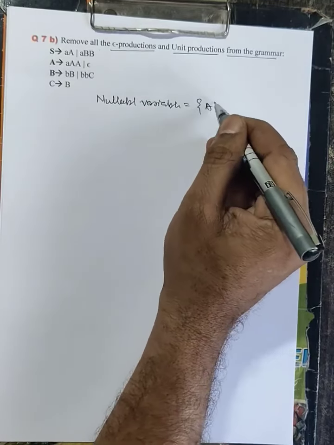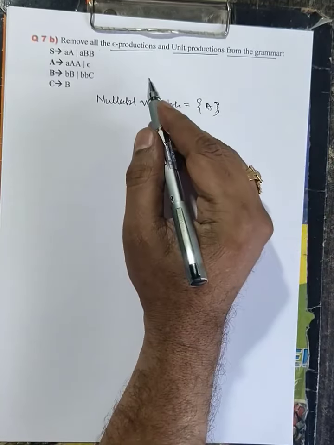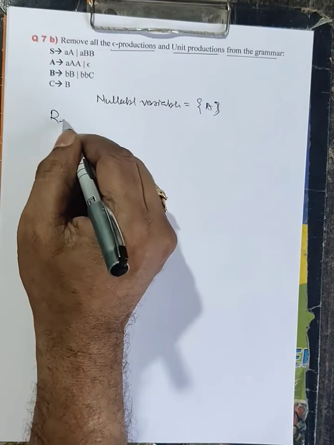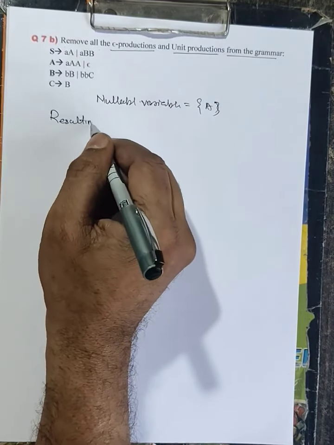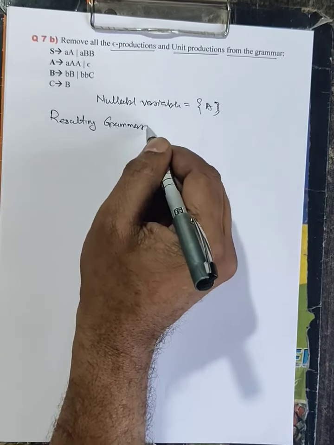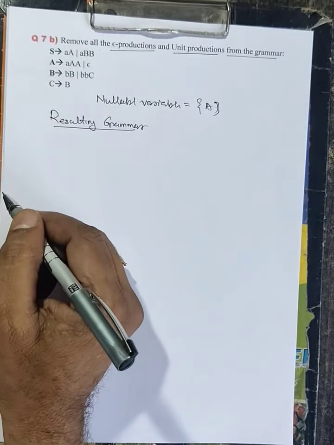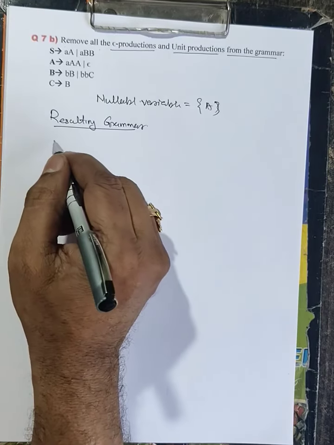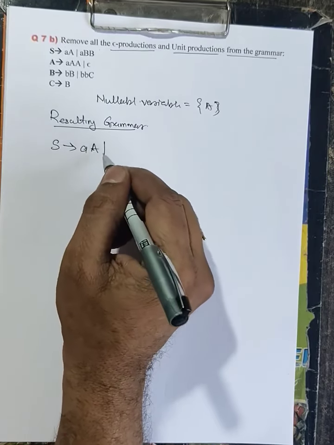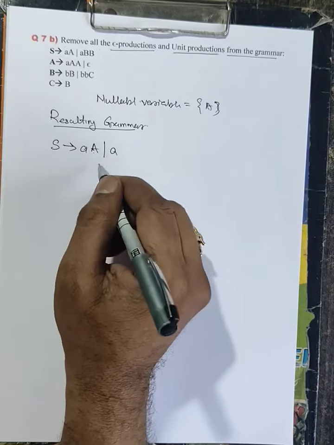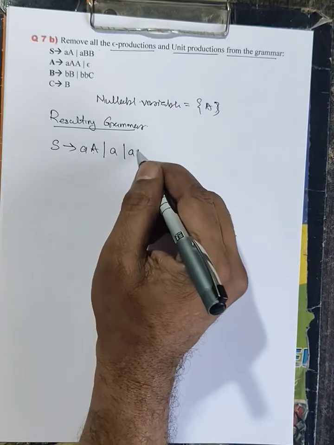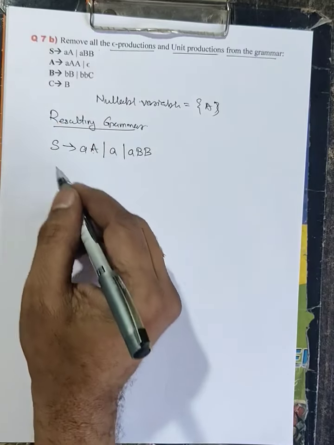So the nullable variable is only A. Once we know the nullable variable, we can write the resulting grammar, which means after eliminating epsilon. S produces AB, and if A produces epsilon, then B. B is not nullable, so ABB as it is.